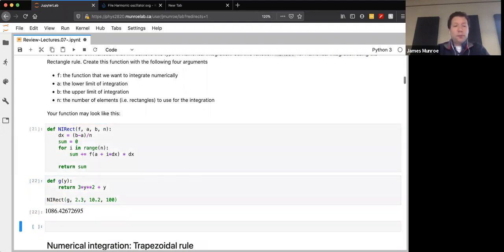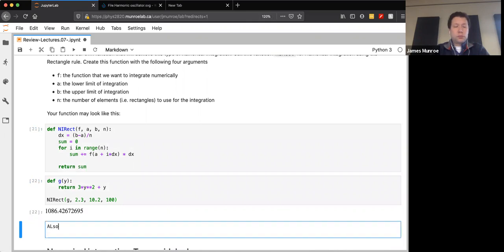I'll make a note here, though. Also be able to numerically integrate data in a data frame, say from an experiment, right?